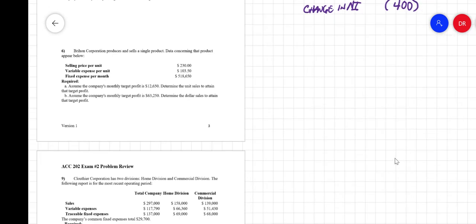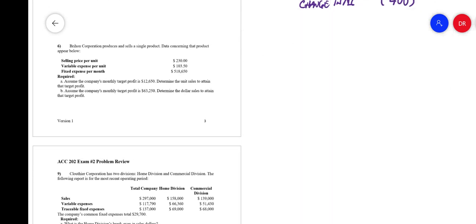It says Bribon Corporation produces and sells a single product. Data concerning that product appear below. They have a selling price per unit, variable expense per unit, and fixed expenses per month. Assume the company's monthly target profit is $12,650. Determine the unit sales to attain that target profit.